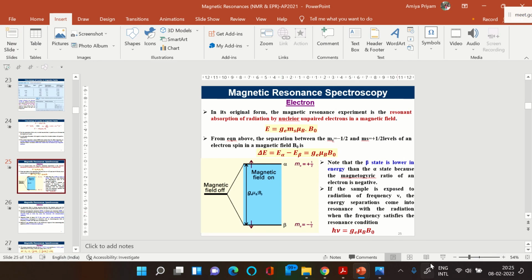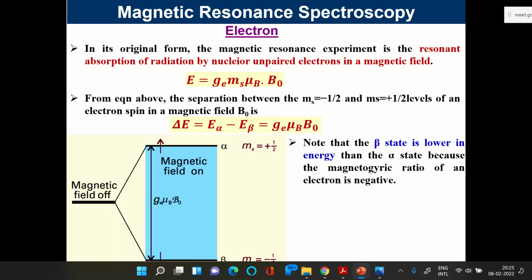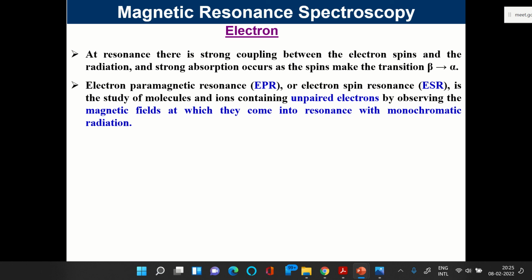So in a similar fashion you can define this, since you have just learned about the electron. There is a transition from beta to alpha, so minus half to plus half ms values, and a strong absorption will occur if you provide the radiation.